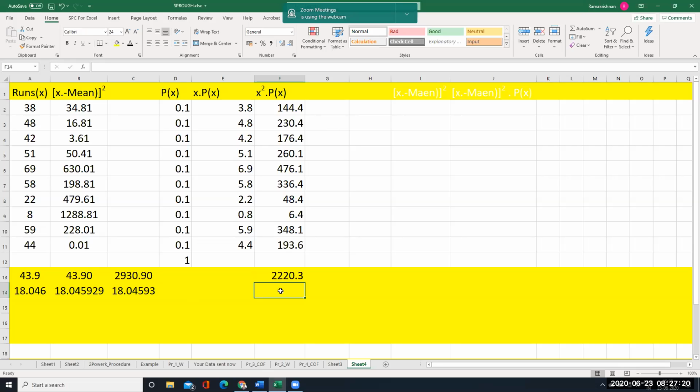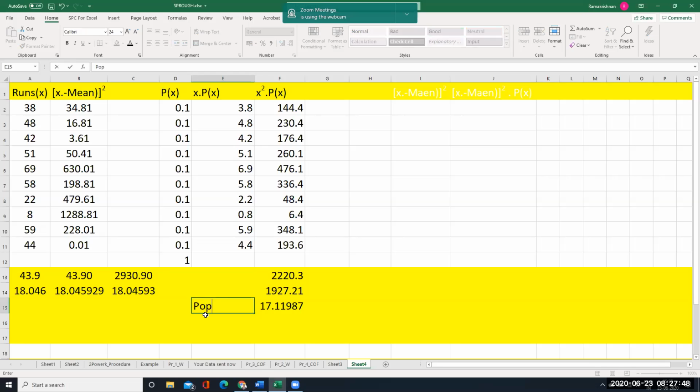The square of the mean we'll find here, equal to mean squared, 19.27. The square root of the difference gives you the standard deviation: square root of this minus this, to the power of 0.5. 17.12 is the population standard deviation.